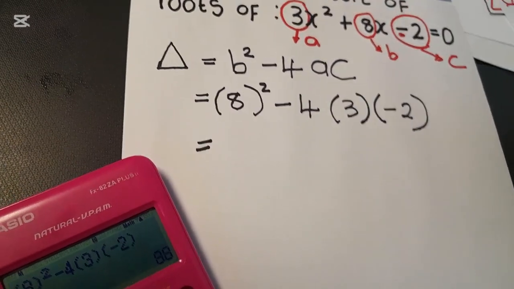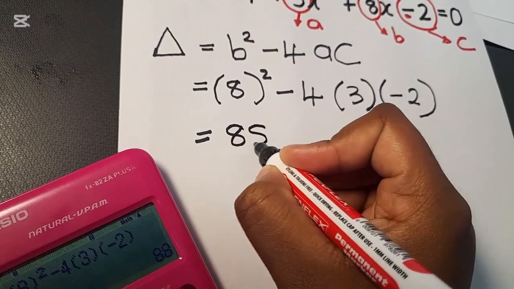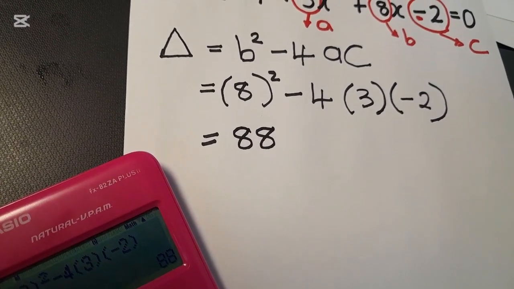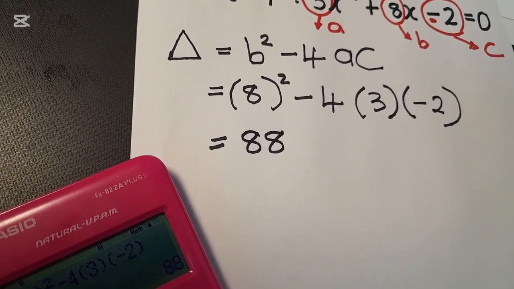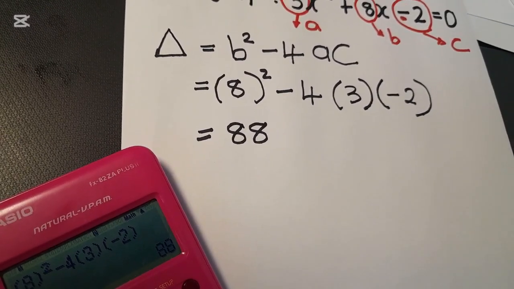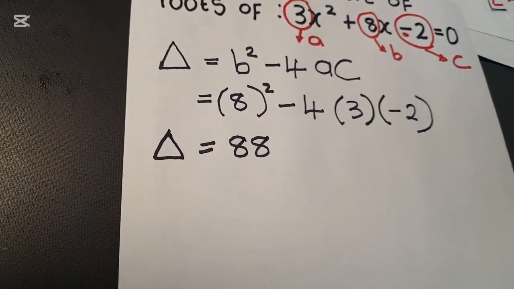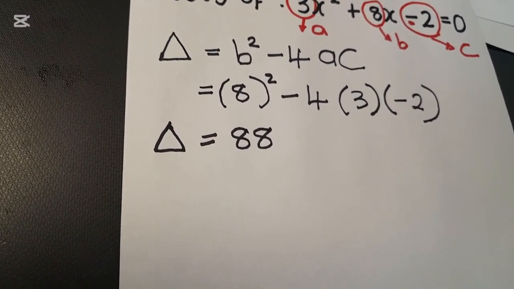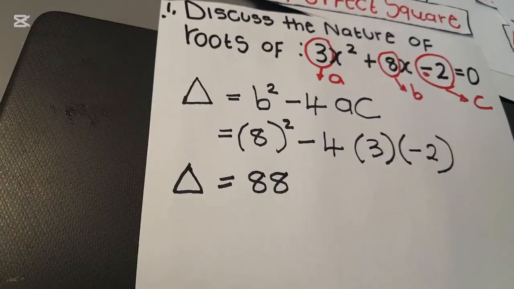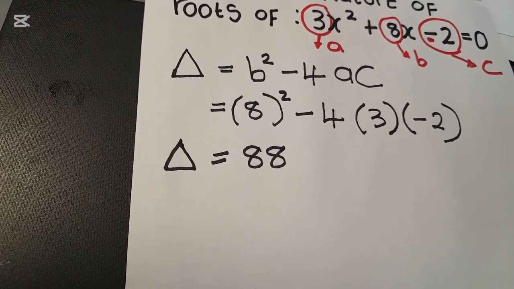Then we find that our discriminant is equal to 88. Oh, big number. Interesting. That's something we can work with going forward. So our discriminant is equal to 88.